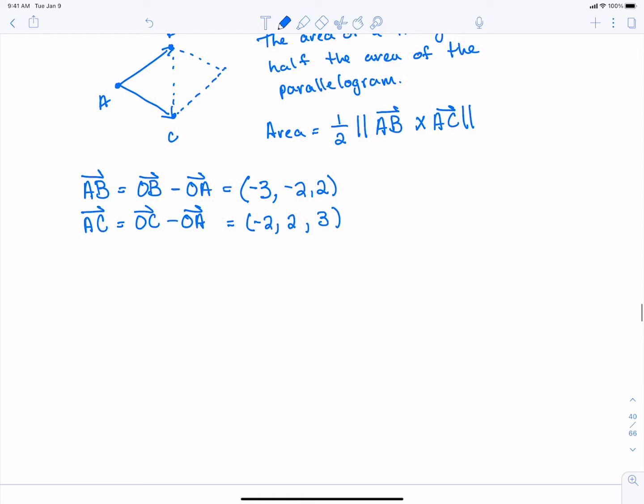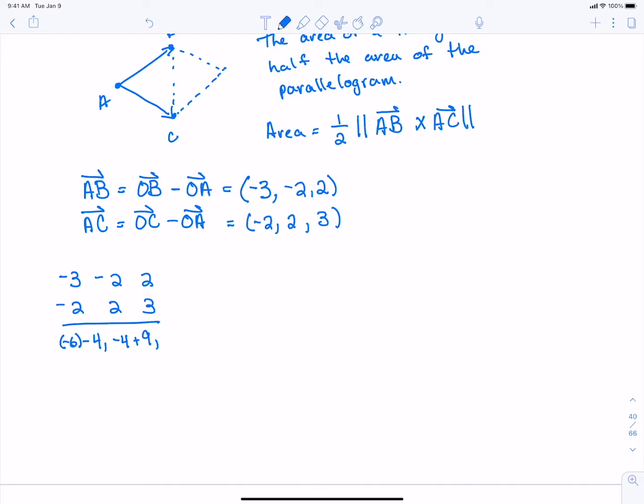Okay, well with these two, I now need the cross product. So I'm going to line them up and determine my cross product here. So cross out the first column. -2 times 3 is -6 minus 4. Then I'll have -4 minus -9, so +9.